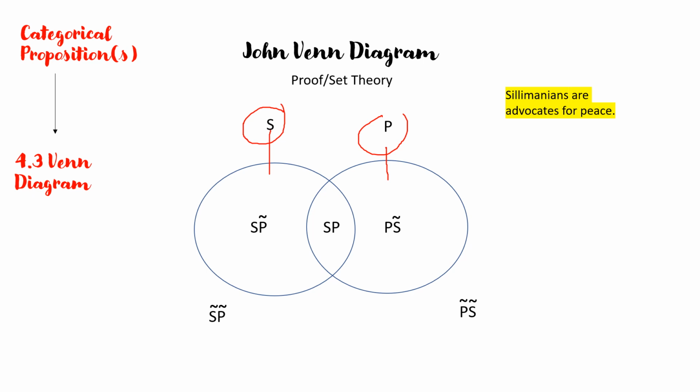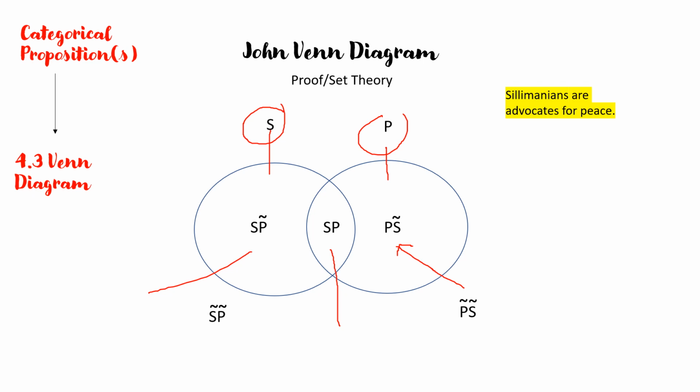If we now try to name the regions inside the circles, this region is the class of Suleimanians who are not P, so the S non-P class. The one in the center is the SP class, Suleimanians who are advocates for peace, so they overlap. Then the class of advocates for peace but not Suleimanians is the P non-S class.